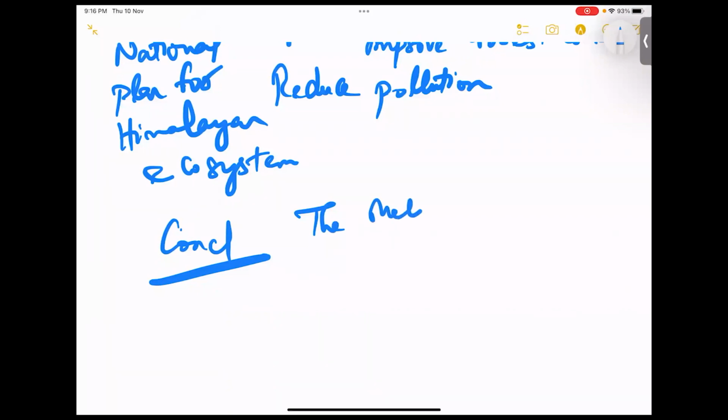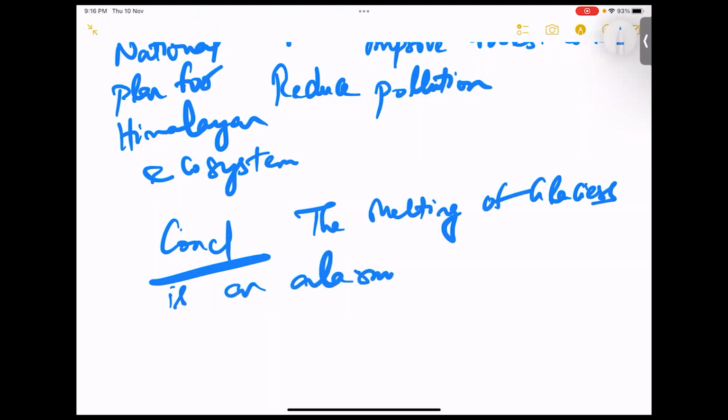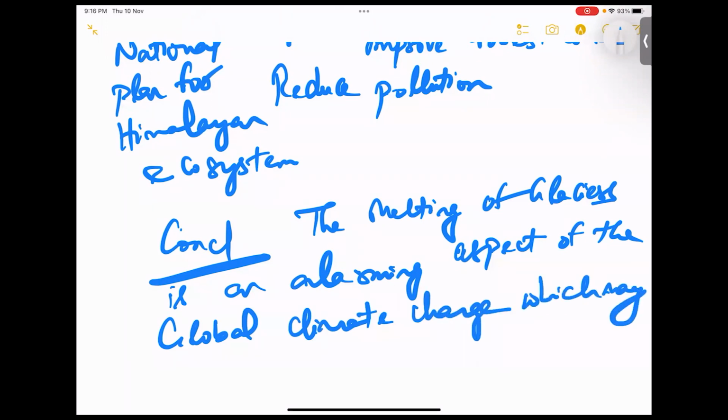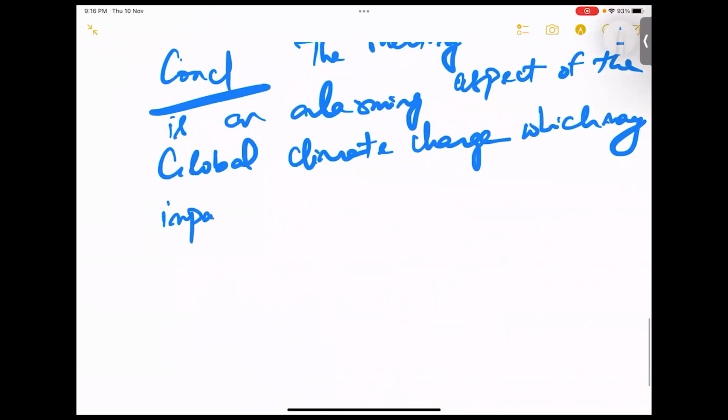The melting of glaciers is an alarming aspect of the global climate change, which may impact India in a very drastic way.